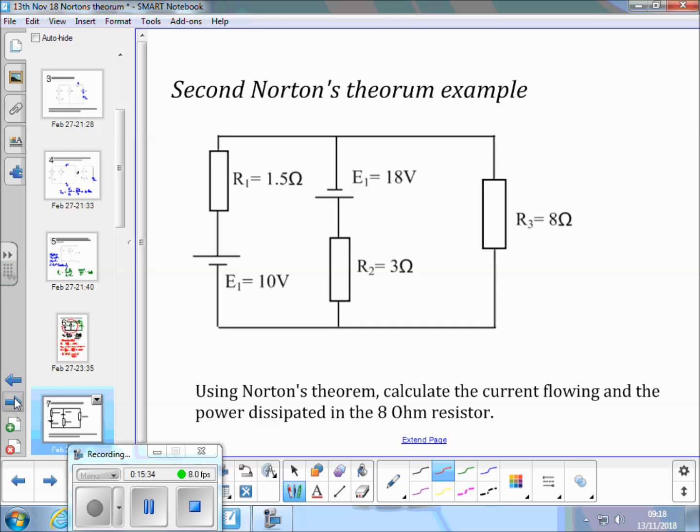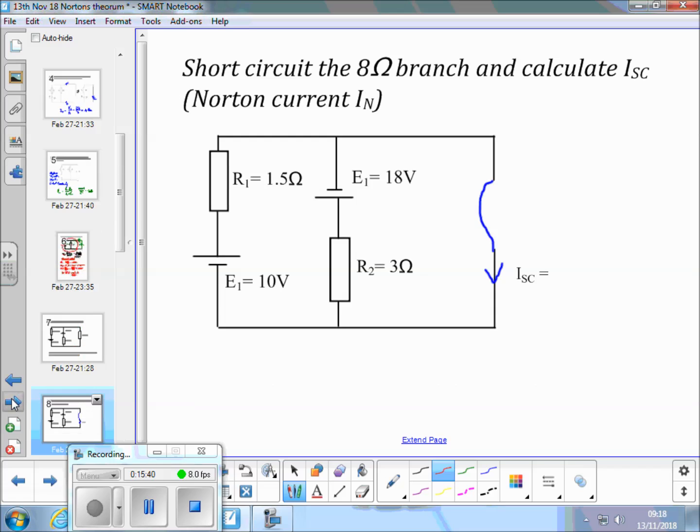If we look at this process, the first thing that we need to do is short circuit and form two terminals A and B. We need to calculate the short circuit current flowing through that branch.